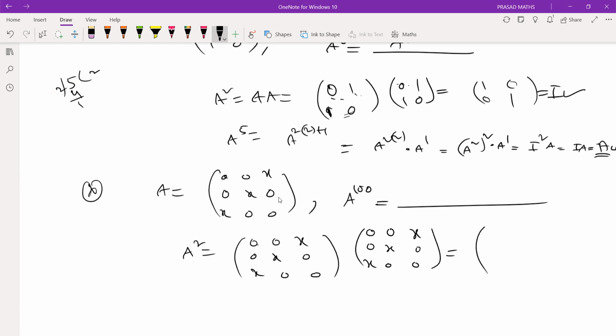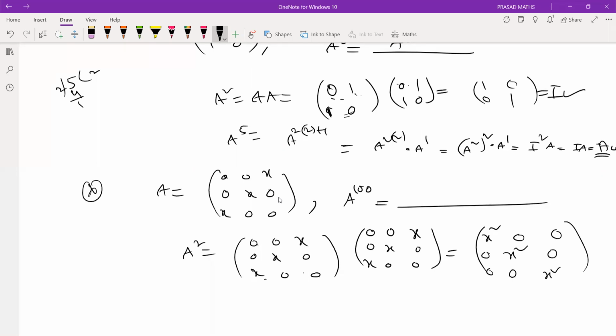So what is this? Multiplying the matrix by itself, 0 0 x square, 0 x square 0, x square 0 0, gives 0 plus 0 plus 0, next 0 into x square plus 0 into 0 plus 0 into 0.